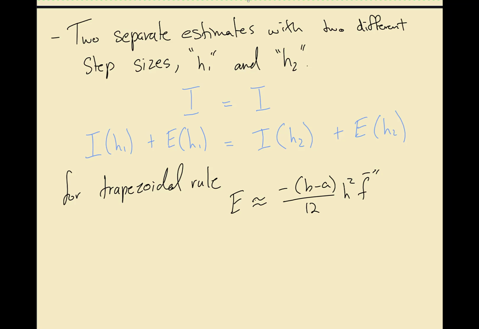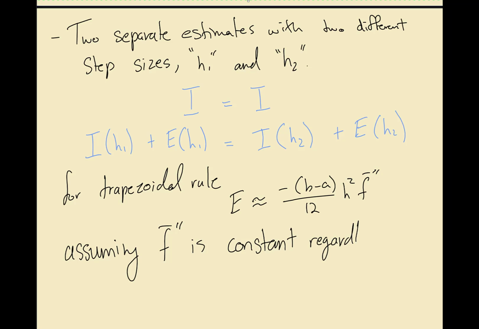Remember, it's like the integral. There's no h in that equation, so it doesn't change. So we're assuming the average second derivative is constant. We don't need to assume that it's actually constant because the span a to b is constant, so the average that we're calculating for both will be the same regardless of step size.